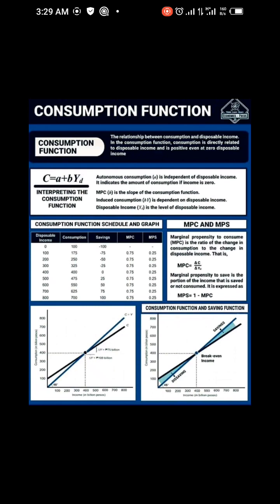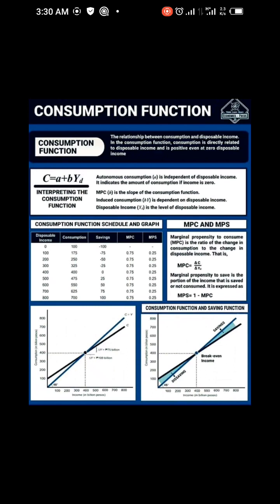So, consumption is directly related to disposable income, and this relationship is that even at zero income, there's always a positive consumption.